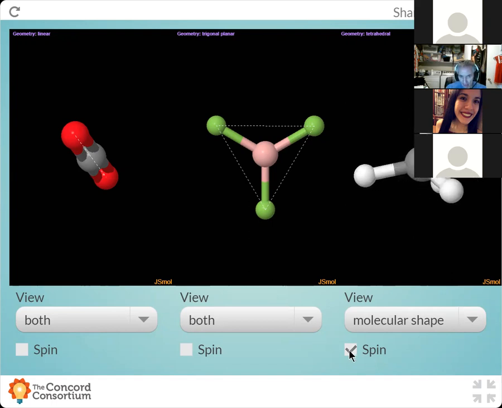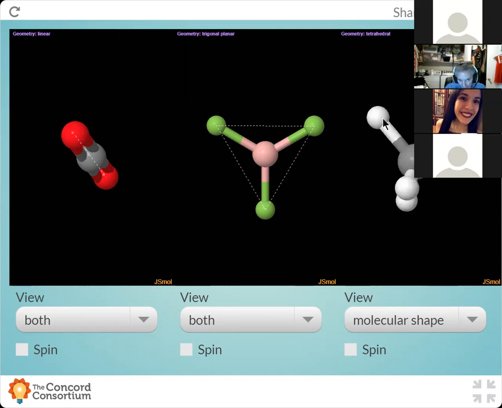If I stop spinning there, you can see how that angle for every single bond is a little bit bigger than 90 degrees. So it's maximizing bond angle to minimize repulsion. It doesn't matter which way we turn it or which 2 atoms we look at, we still see an angle which is bigger than 90 degrees, an angle of 109.4 degrees.